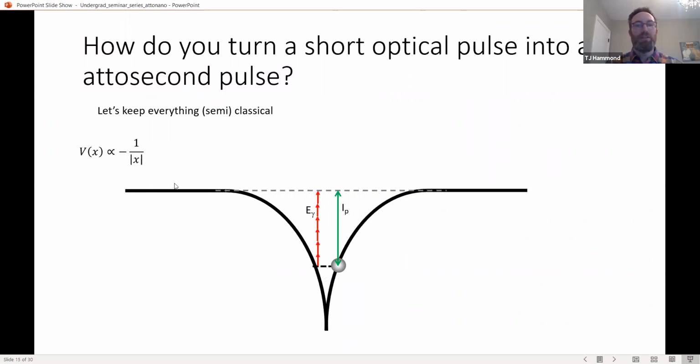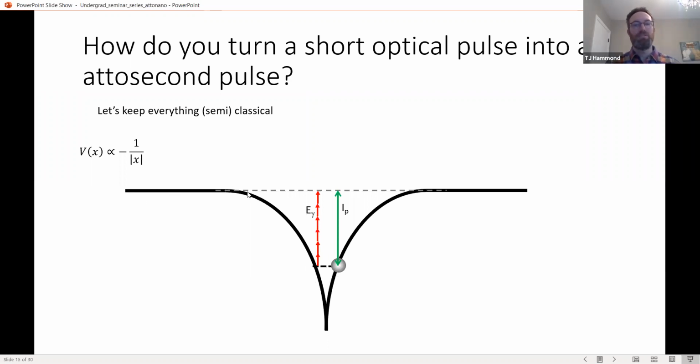If we think about what the potential looks like of, say, an atom, this electron is sitting in some atom, say a hydrogen atom. As you know from Coulomb's law, the force on this electron is going to be 1/r², and so the potential is going to be 1/r.